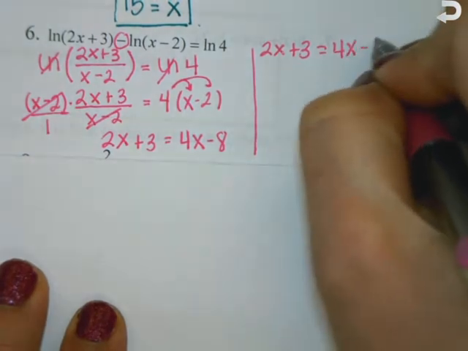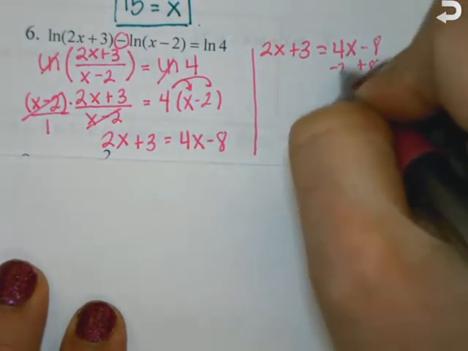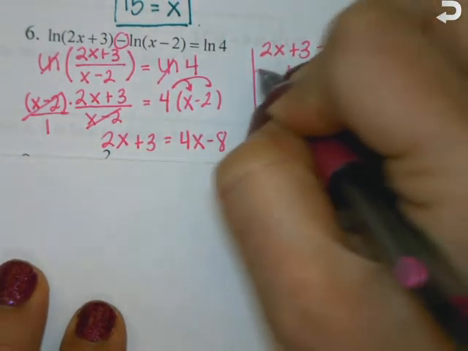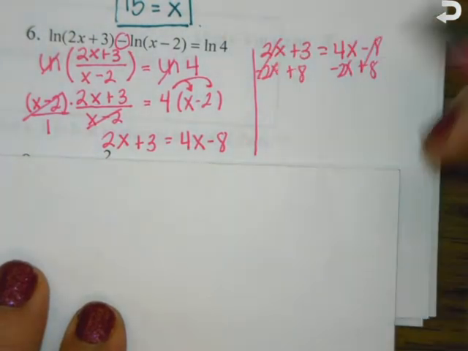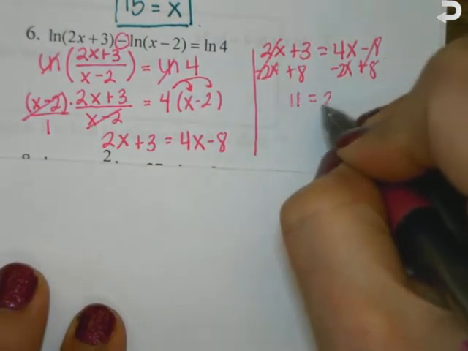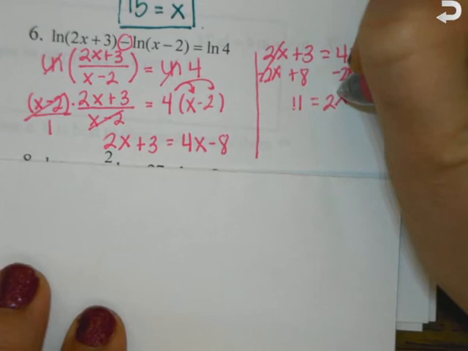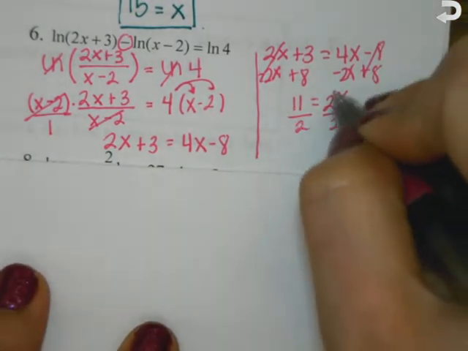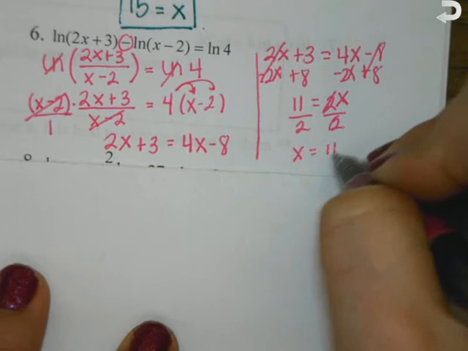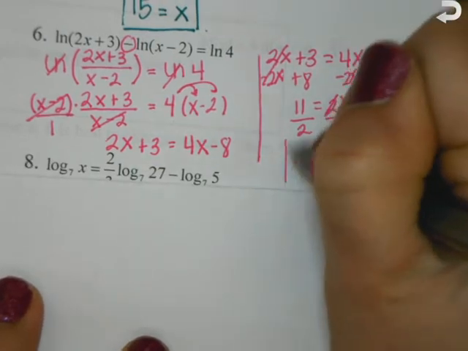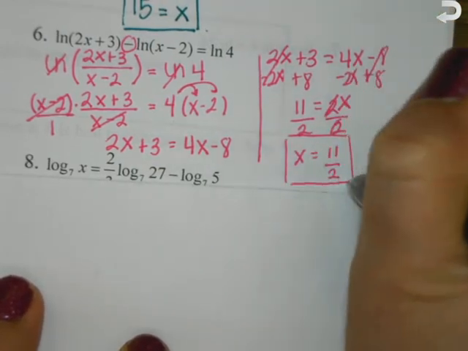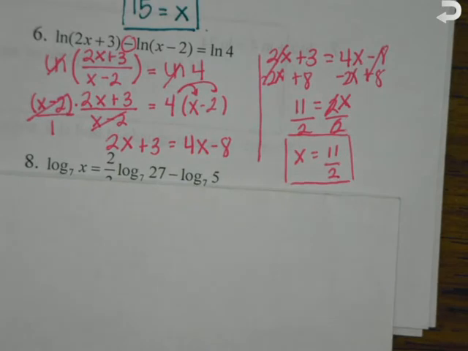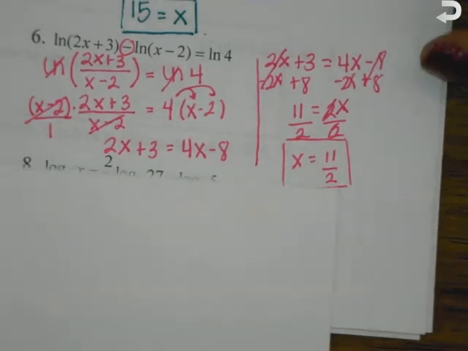Add 8, subtract 2x. Okay, so we would end up with 11 equals 2x, and then to solve for x, you would divide by 2. So we end up with x equals 11 over 2, which is okay. Leave it as 11 over 2. Don't give me 5.5. Just leave it as 11 over 2. And that's an okay answer.